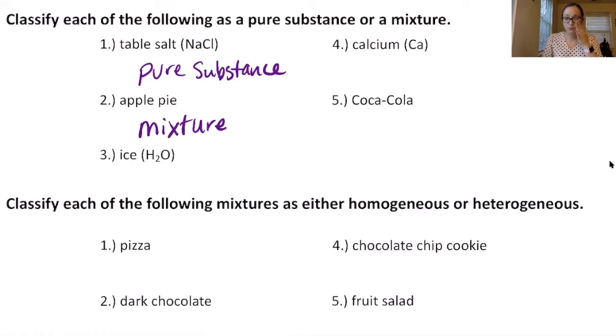Okay, ice is primarily made out of water. If you get to the nitty gritty, it's more of a mixture because you have other salts and everything mixed in. But pure ice would then be a pure substance. Okay, calcium metal, it cannot be separated any further into smaller parts. It's just one element. So this is also a pure substance.